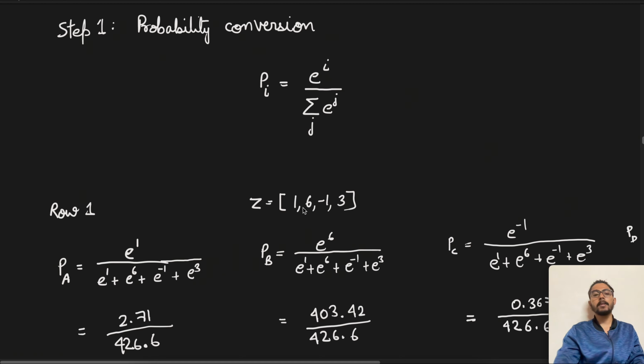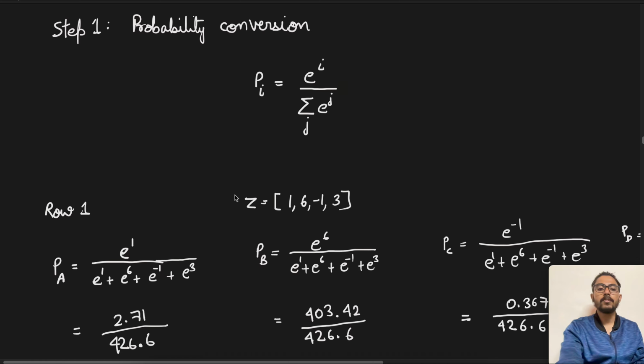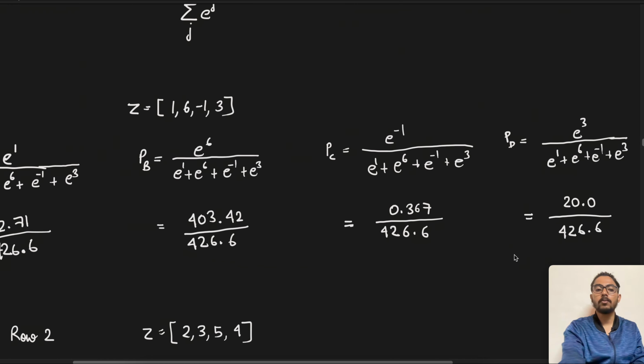We just make it in exponential form and calculate the probability for each class based on the others. So this is for probability of class A, probability of class B, C and D, which we calculate. These are the calculated values.